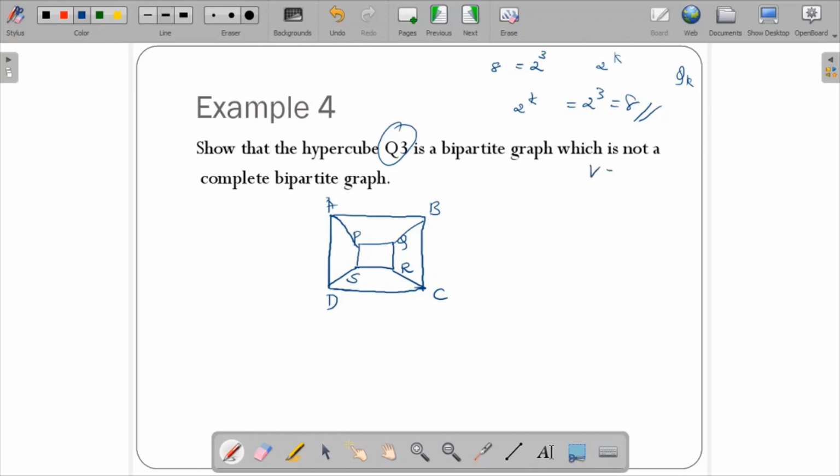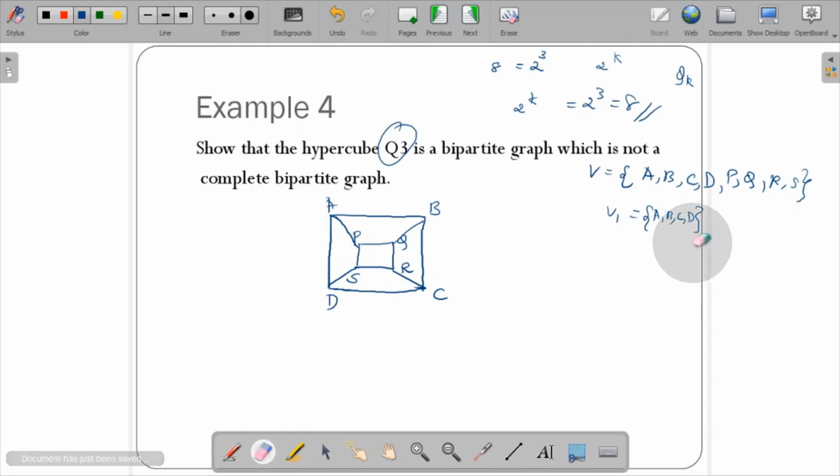I have the vertices A, B, C, D as well as P, Q, R, S. Here first I need to split into 2 sets of vertices. I cannot take the outer ones A, B, C, D together, because A to B, A to C, there should not be any connection within a set. So what is without connections, you consider.